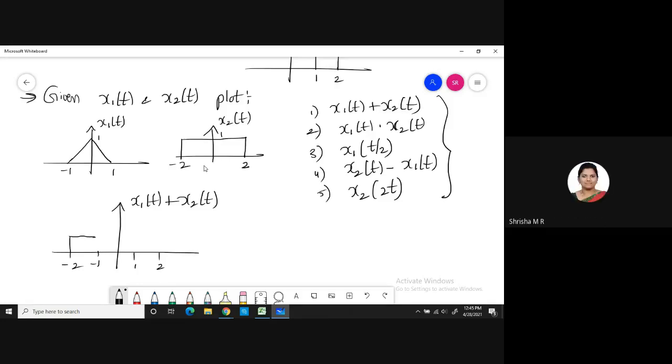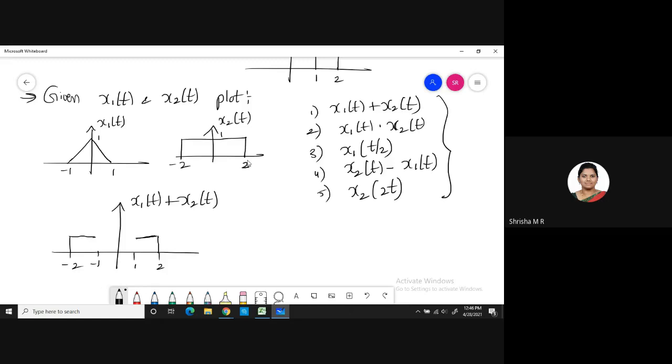Correct. To the right side also do the same thing. From 1 to 2 you don't have a waveform here, it is 0, and from 1 to 2 you have amplitude 1. So 0 plus 1 is 1 again. Again from 1 to 2 you have a waveform like this.